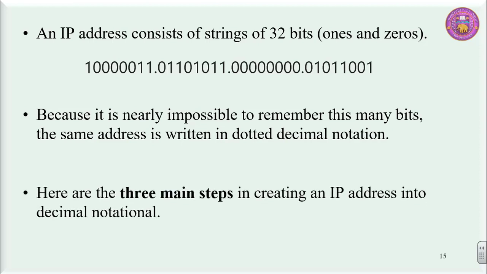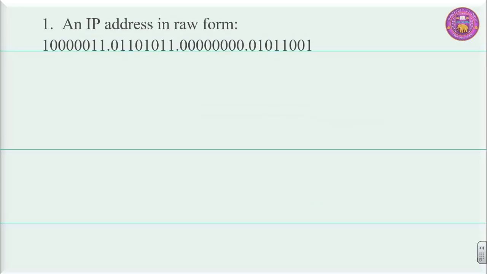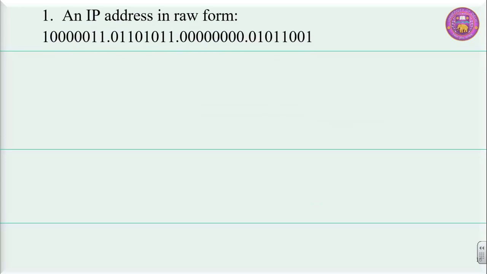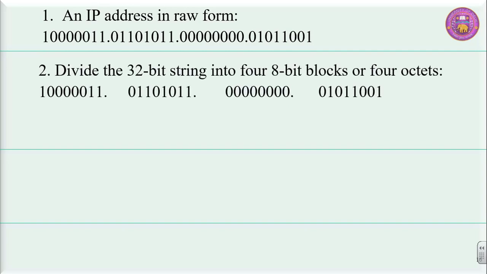There are three main steps in converting an IP address into decimal notation. An IP address in raw form is like this. Divide the 32-bit string into 4 8-bit blocks, or 4 octets.